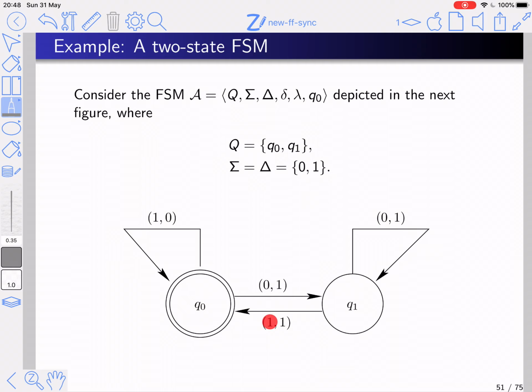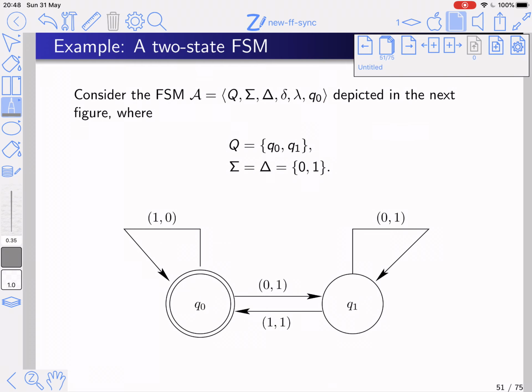If the input is 1, I transition back to Q0 and I output a 1. Okay, so this state diagram gives me a full specification of the finite state machine. It tells me what the set of states is, what the set of inputs are, the set of symbols of outputs, the transition function, the output function, and the initial state.